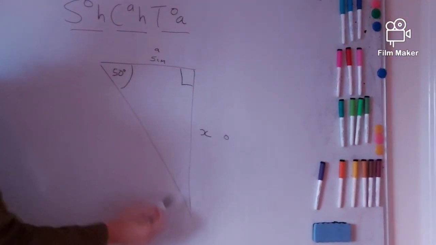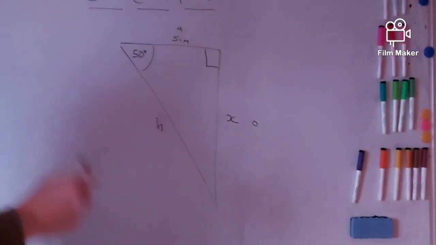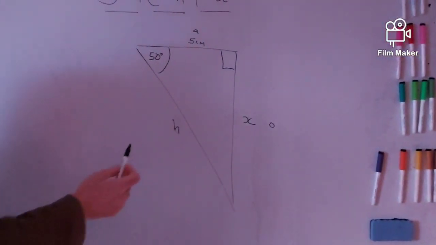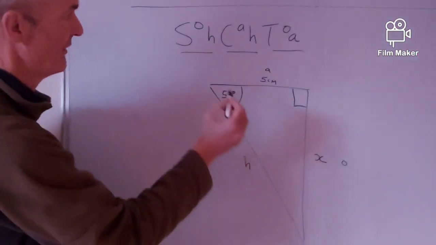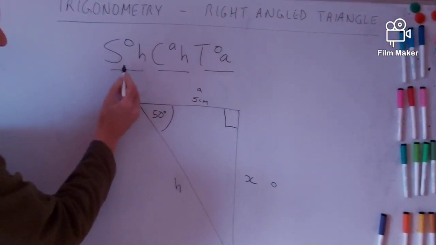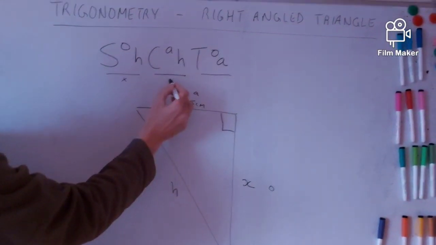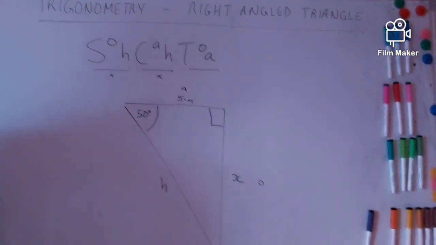What we haven't got is the hypotenuse, and we're not trying to find the hypotenuse. So we don't want to know the h. So this one here has got an h in, we don't want to use that. This one here has got an h in, we don't want to use that. So that's the one we're going to use, the tangent.